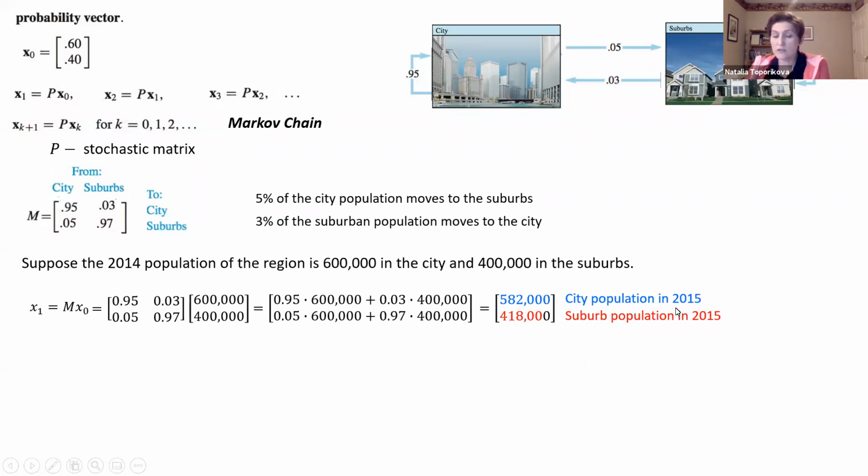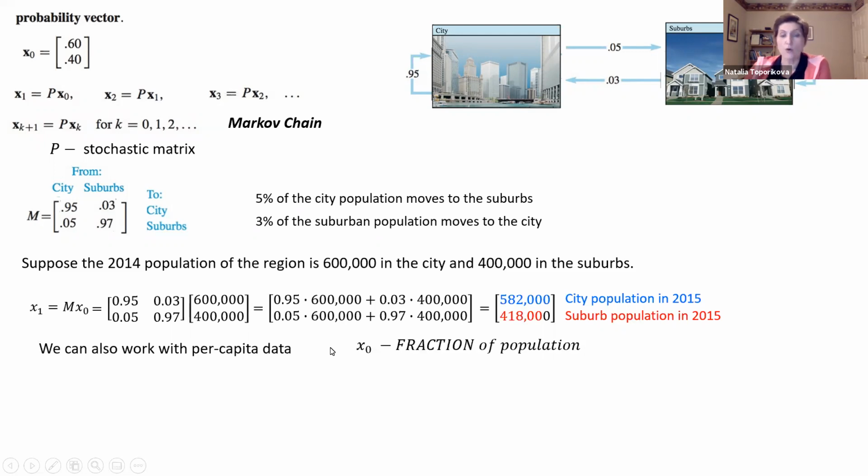And that's actually a pretty straightforward application of linear algebra. However, it's kind of cumbersome. It has all these thousands, and it's hard to deal with large numbers with a lot of zeros. So what demographers often do is perform what's called a per capita calculation. We can take our vector X and divide it, or normalize it, by the total population.